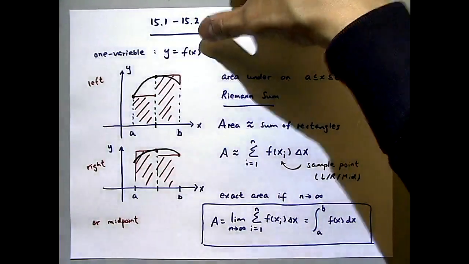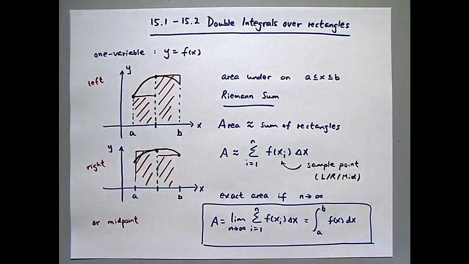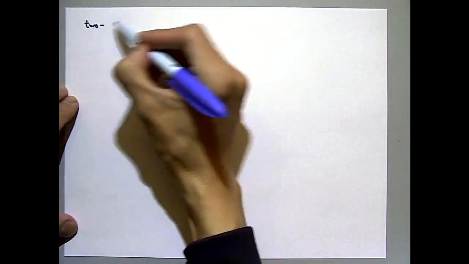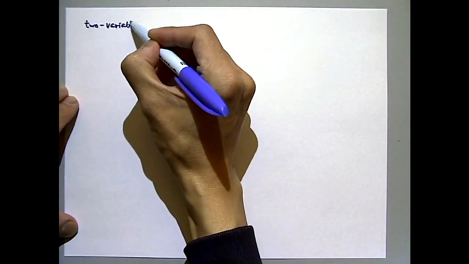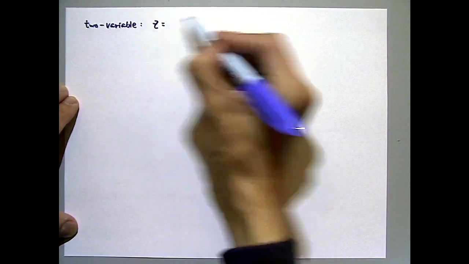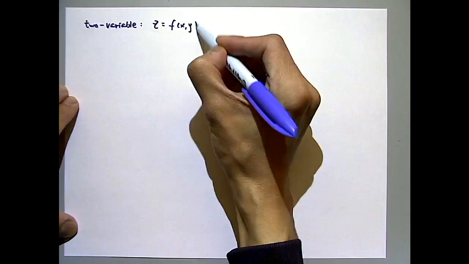Now we move to a function of two variables. The geometry, of course, changed. Now the function in two variables will be a surface, and we'll be talking about the volume under a surface and not just the area under a curve. Z is equal to f of x comma y.